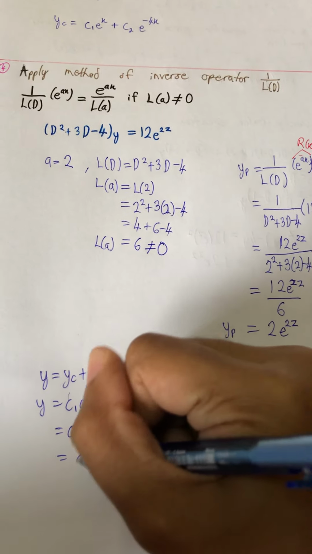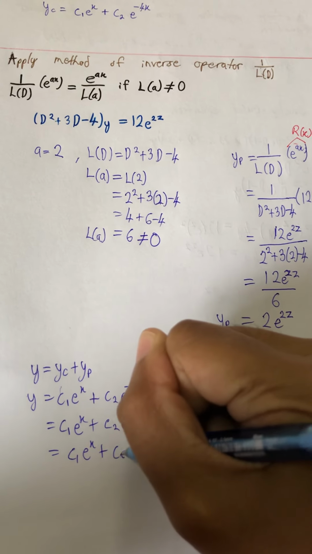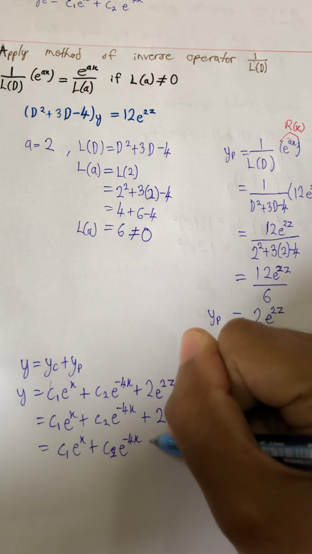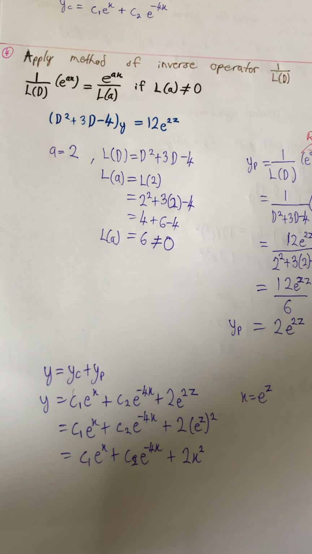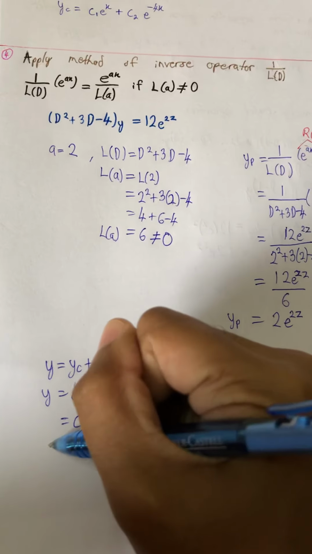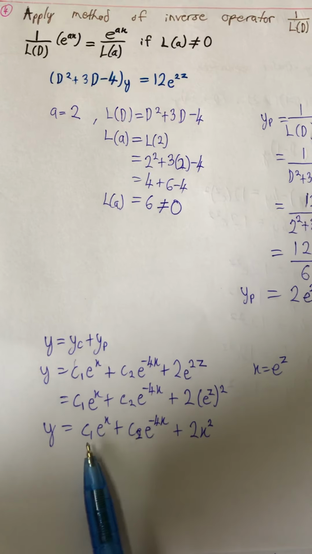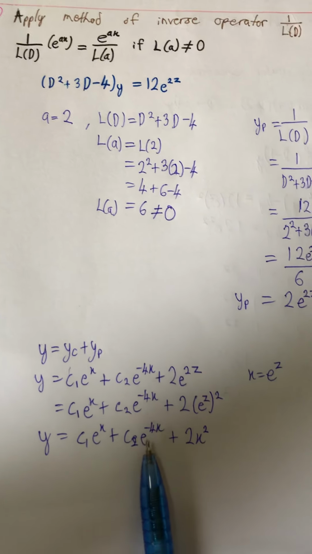So we will get c1 e to the power of x plus c2 e to the power of minus 4x plus 2x squared. So here we get our final answer, where y equals c1 e to the power of x plus c2 e to the power of minus 4x plus 2x squared.